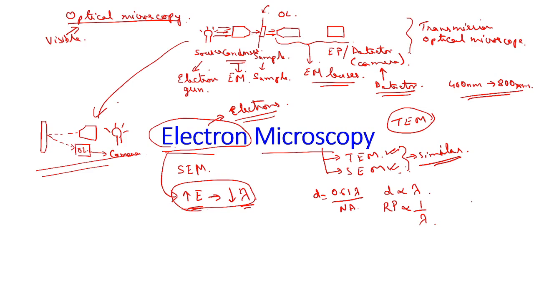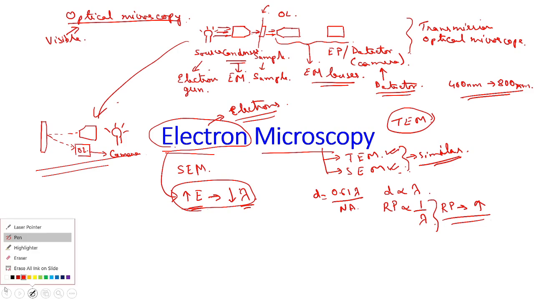So here we will have wavelengths much smaller than the optical wavelengths, and hence the resolving power of the electron microscope would be higher. Okay, it would be higher. Now why is it higher? Can anyone tell me why the resolving power of the electron microscope would be higher than the optical microscope?